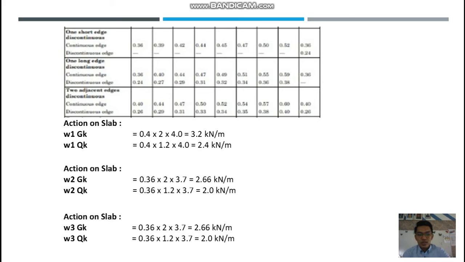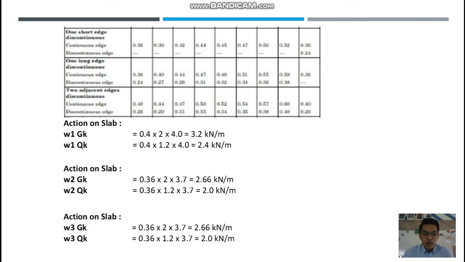For the action on slab, we determine that for FS6, it is two adjacent discontinuous, and the value for beta Vy from the table above is 0.4.